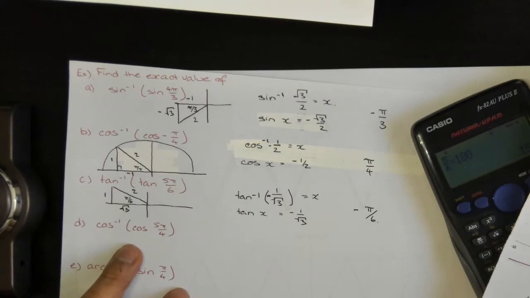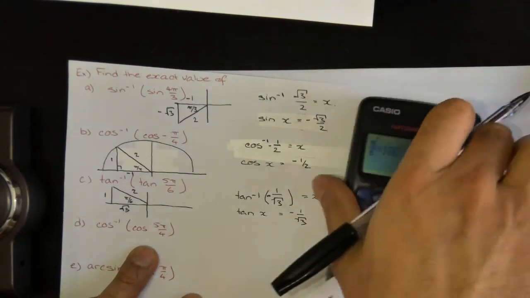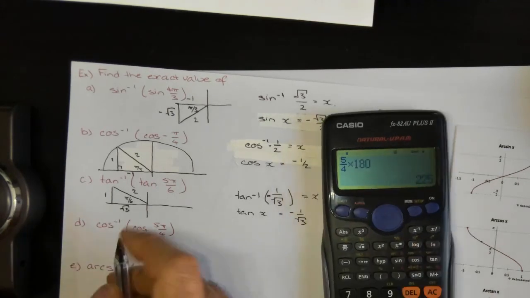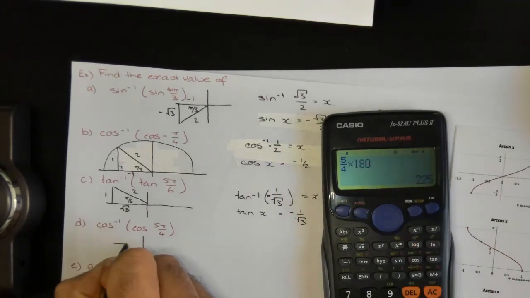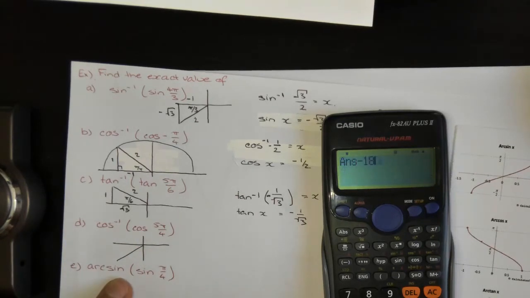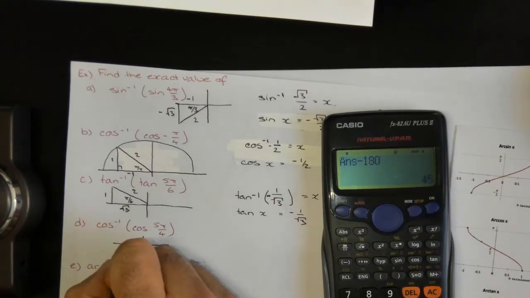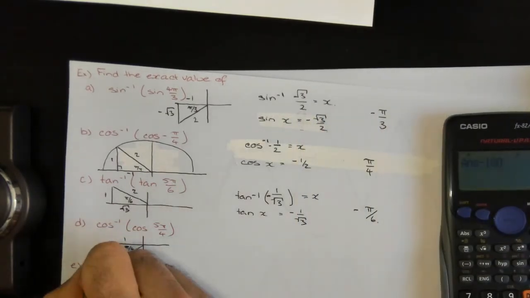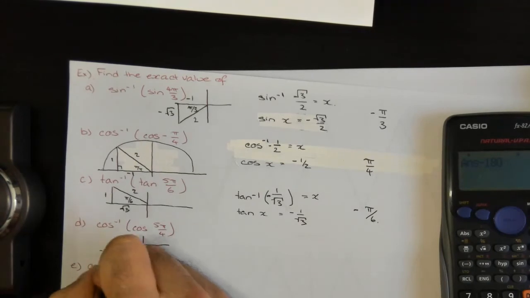Let's answer that part. All right, so we have cos of 5 pi over 4. That's 225. So that's going to be somewhere here. It's going to be 45, so that's going to be pi on 4. And we have 1, 1 and square root 2.